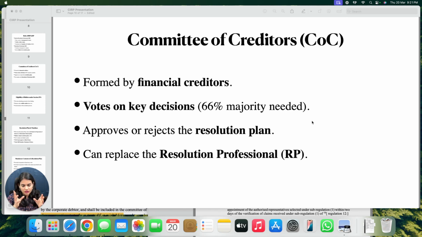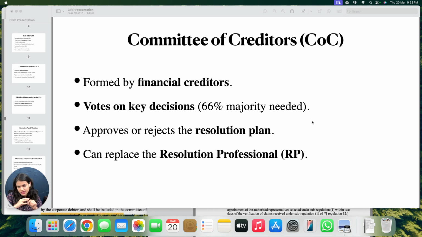Let us understand the process in which the COC meetings are conducted. Before conducting a meeting, the IRP or the RP is required to send an agenda of the meeting to the members. Any financial creditor will necessarily be given a seat and will possess voting share as well.